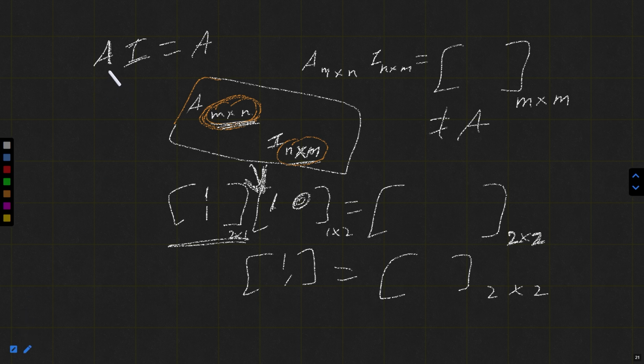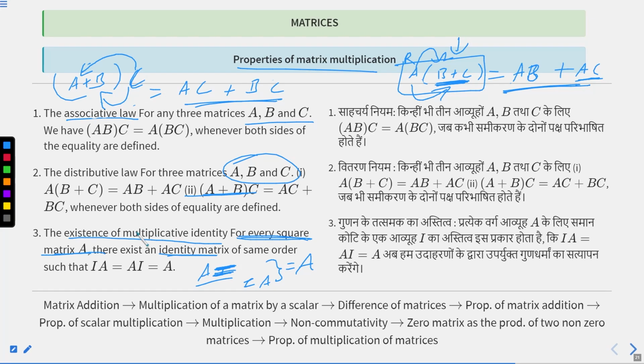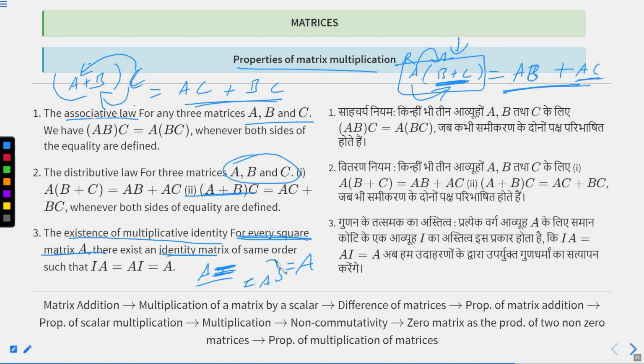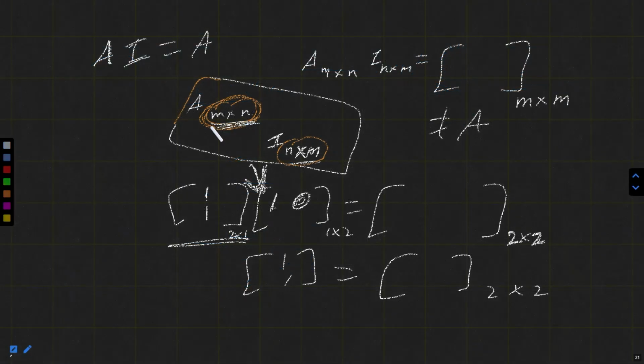This means the number of rows and the number of columns must be the same. Okay, I hope that you got the main essence of these little words written over here. Then only you can have an identity. In general you cannot have M cross N.